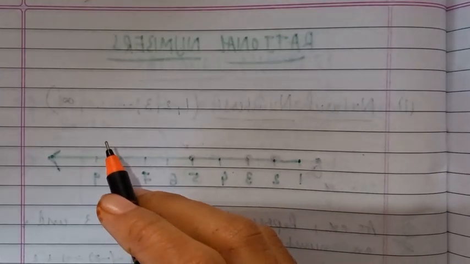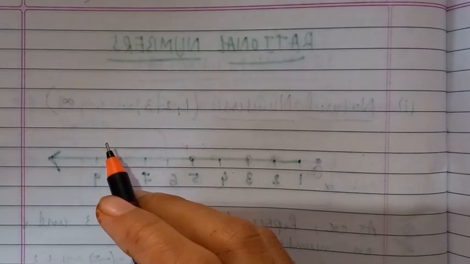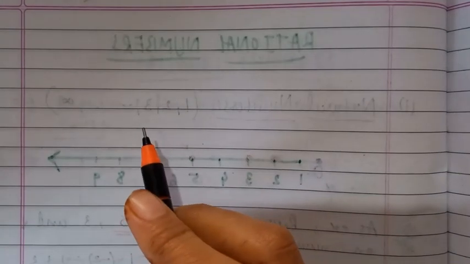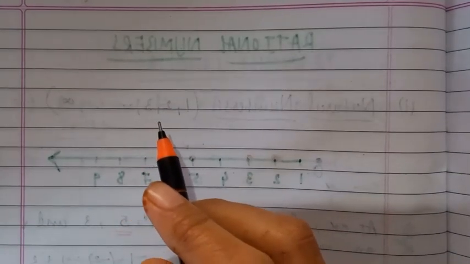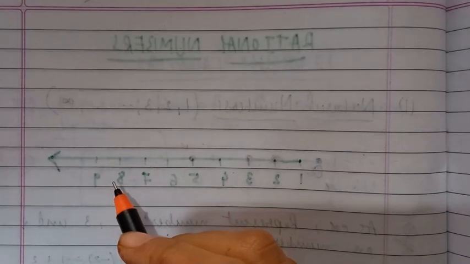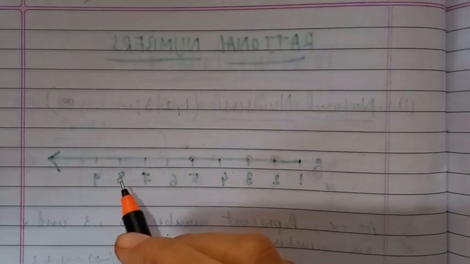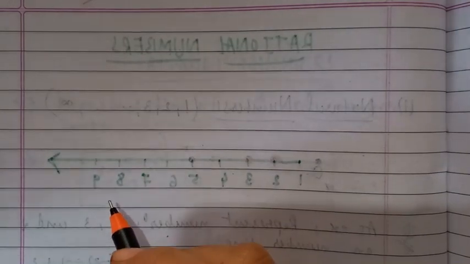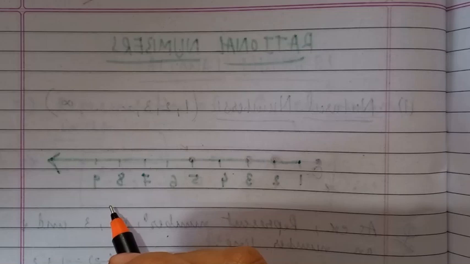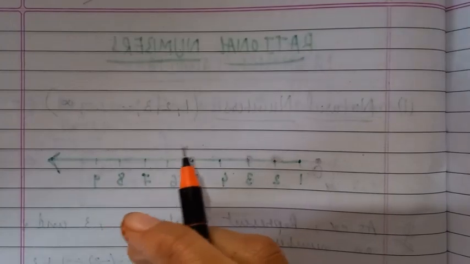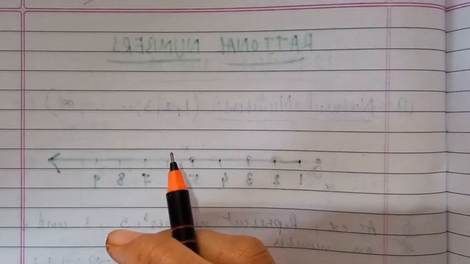In the previous video, we saw how to represent integers and whole numbers on the number line, and studied rational numbers, and analyzed how the number line for rational numbers differs from the number line for other numbers, such as natural numbers. On a number line for natural numbers, the difference between two numbers is 1, but it is not necessary that in rational numbers the difference between two numbers is 1.